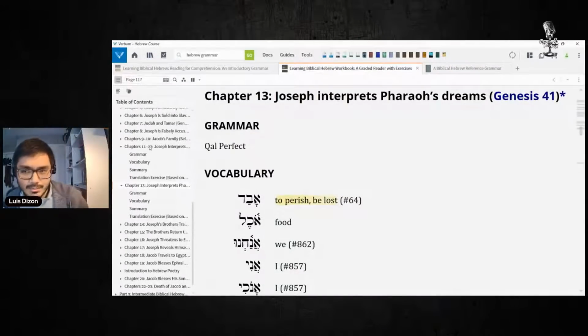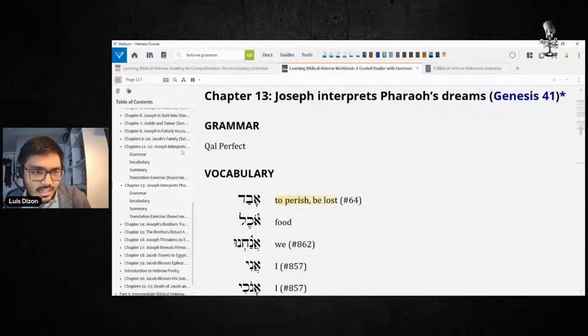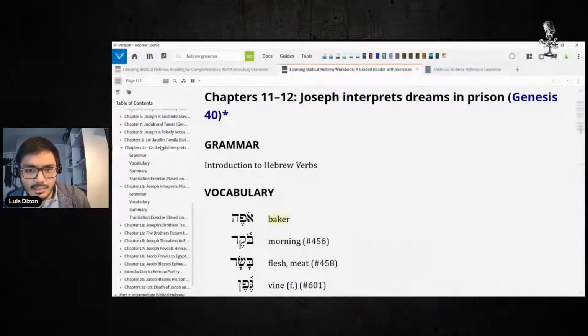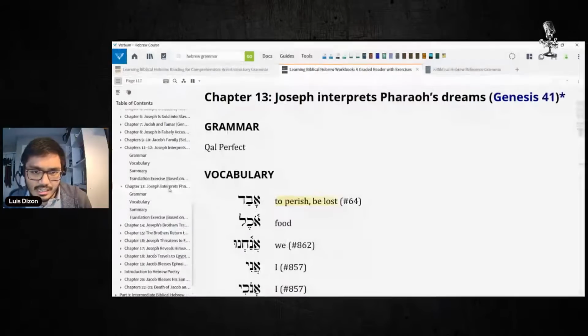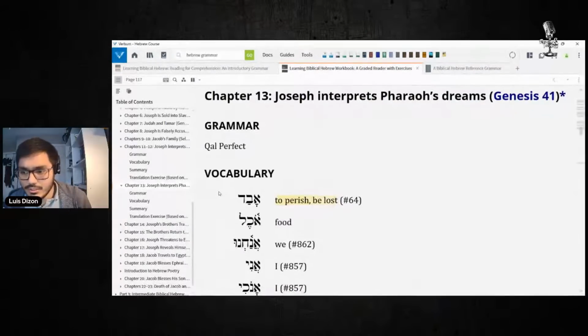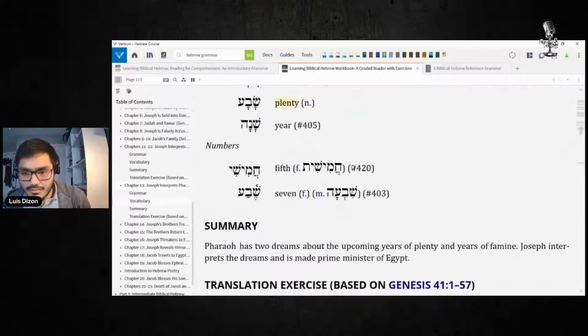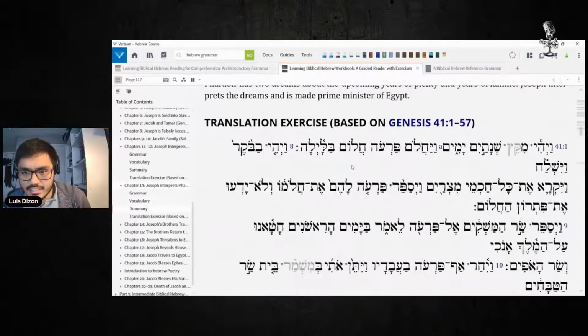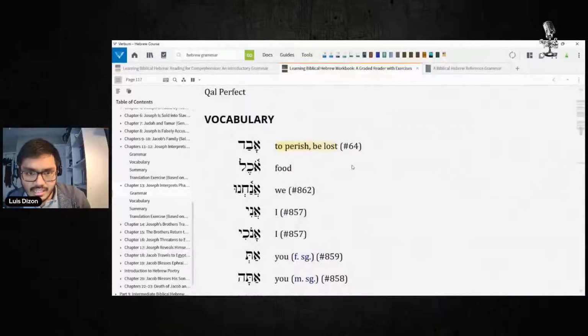So if you remember last month, depends on when you watched the last session, last session we translated Genesis 40, which is when Joseph interpreted the dreams of the two guys. Now, this is the part where Joseph interprets Pharaoh's dreams, and it is a long text. There are 57 verses in it. We might not be able to get around to it, but we'll do as much as we can within the remaining time that we have.